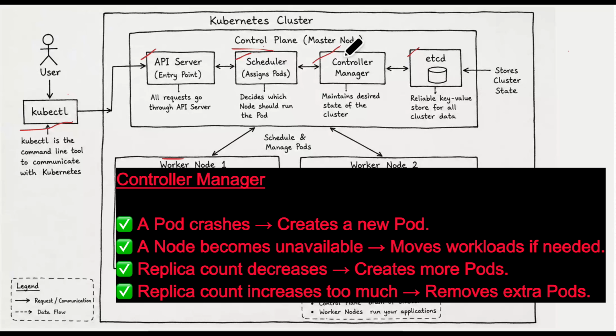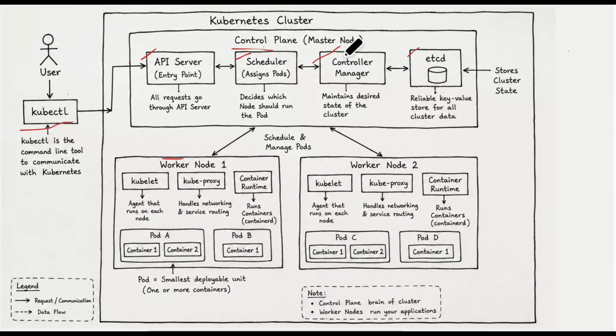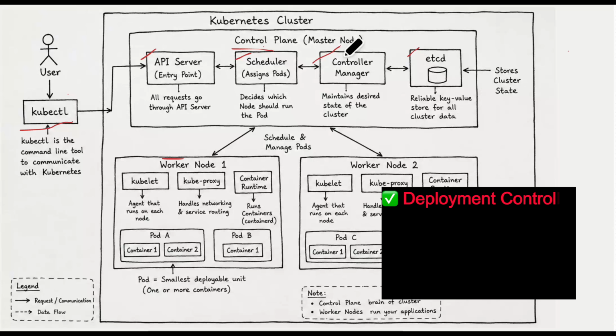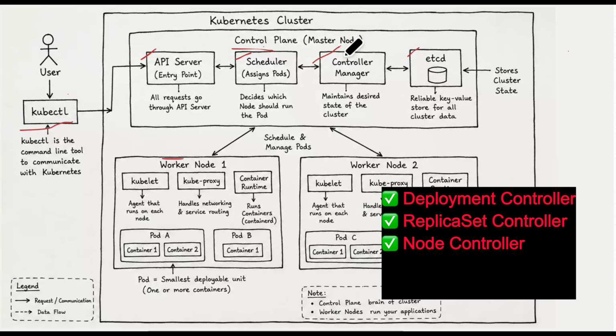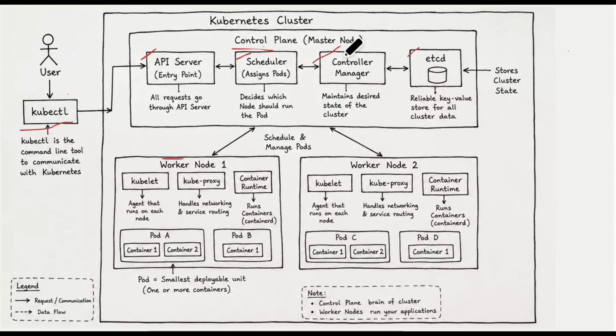Also, it runs Kubernetes built-in controllers like the deployment controller, replica set controller, namespace controller, and more to maintain the desired cluster state. In simple terms, it keeps the cluster healthy without manual intervention. These are the components of the control plane, and I believe you understand each and every component.